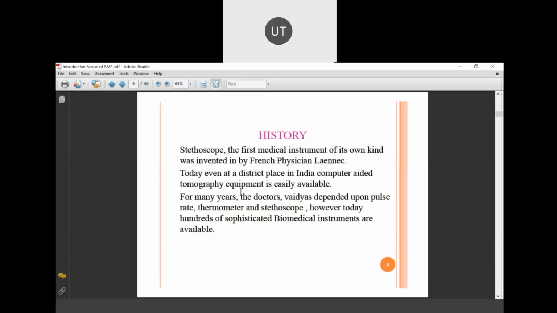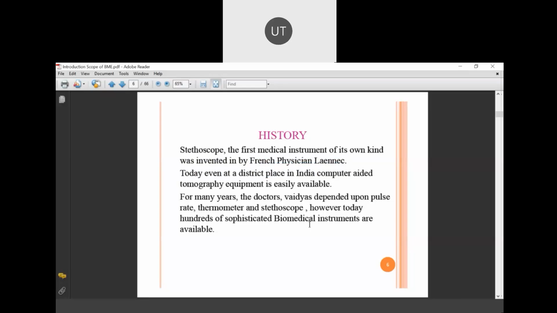Now, what is the history? Where does biomedical engineering start? What is the first equipment and where does it start? The stethoscope is the first medical instrument of its kind, and it was invented by a scientist, Planet. Initially the doctors, Vaidyas, depended upon the pulse rate.